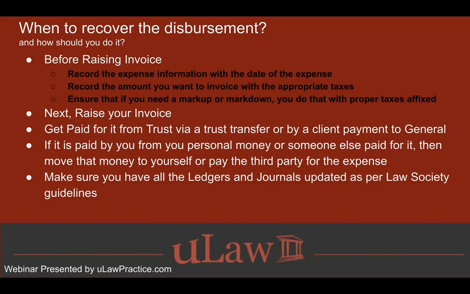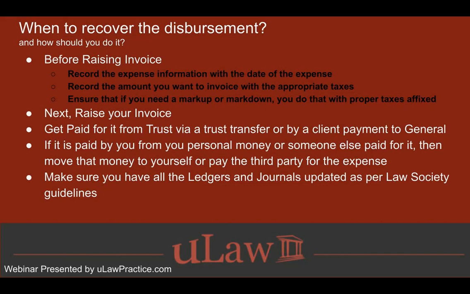But if it is general, here is the most important point to note. When you're making payment from your general for a disbursement, many a times people get confused between straight away paying it out of trust, even though they have paid it out of general account.